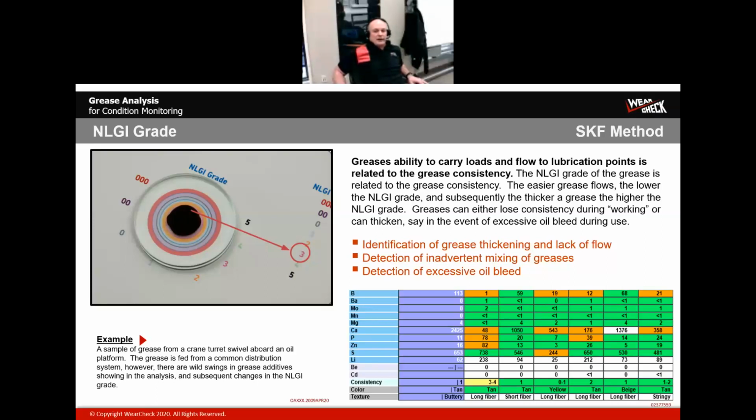And this is from a grease distribution system, so it's possible that there's some type of blockage in the system, or they've done a complete grease change out, which seems to be less of a probable cause for this. So the consistency is really a good indication of when that grease has experienced something, whether it's inadvertent mixing with a non-compatible grease, or whether there's been an oil bleed situation where there's no more oil actually left in that grease.